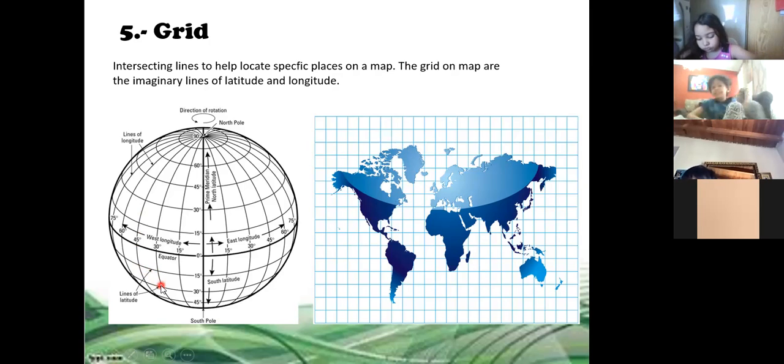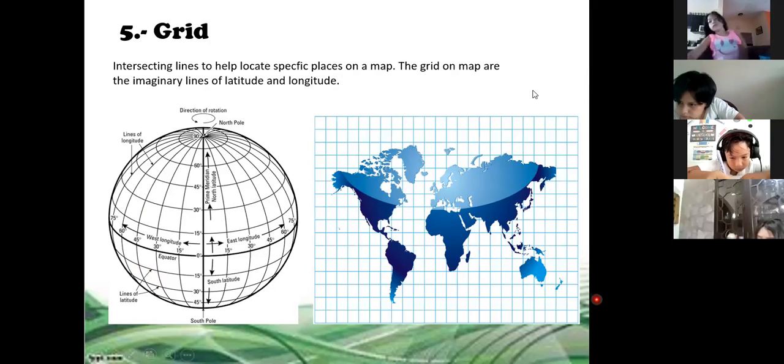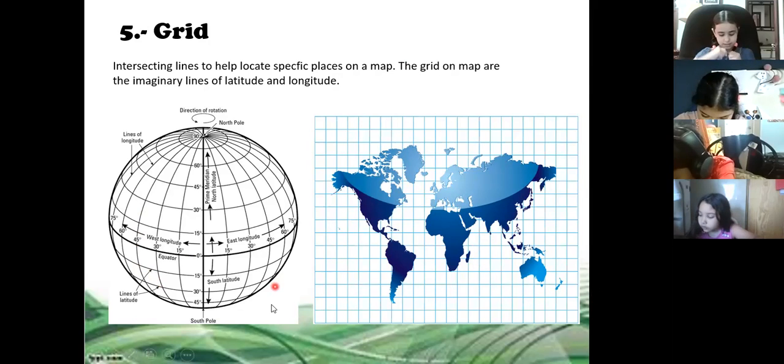So when we want to find the intersecting point of a place, if you remember, we made some exercises, also one homework about this. We need to write the latitude and the longitude for these places. So we find the intersecting point here, for example.